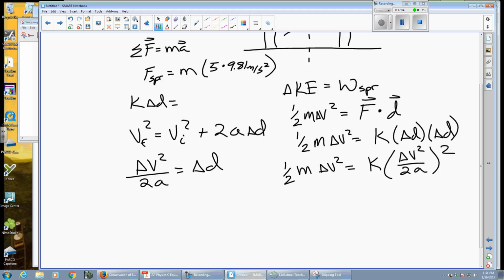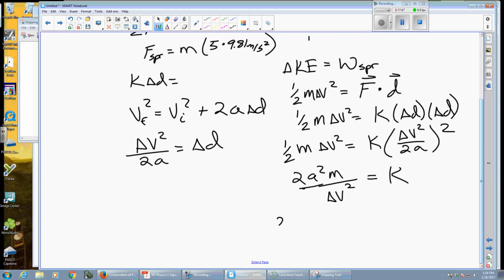Alright, substituting in there, and we're left with 4A squared M over 2 delta D squared equals K. See if that works.